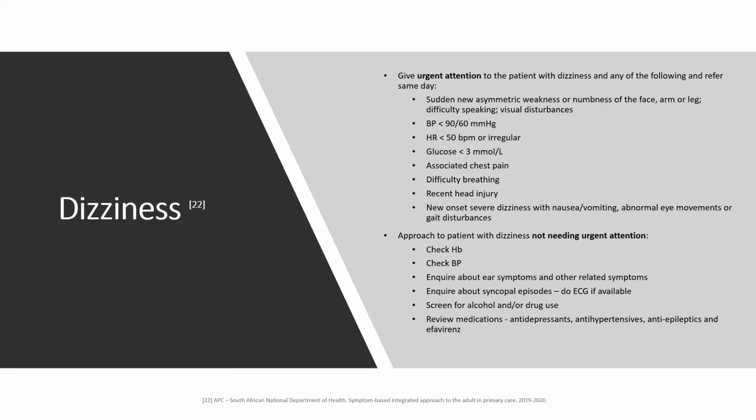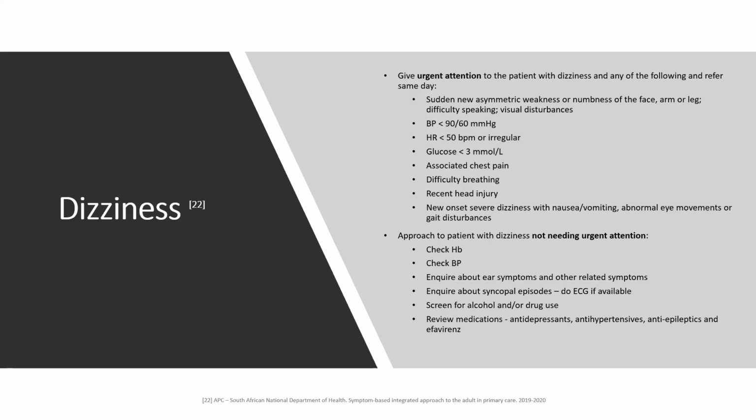Next up are the 3 conditions that we felt are commonly seen at primary healthcare facilities but not covered in the EDL. First is dizziness, which the APC handbook gives a useful schema for determining which patients require urgent and non-urgent attention.